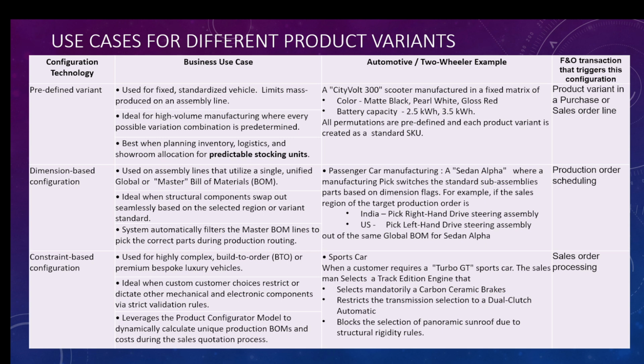So if your customers have 100 showrooms across the US, and you have a predictable forecast for a year, and you know that each showroom is going to sell at least 100 to 150 of this specific variant. For example, my central US customers are very particular about red cars.